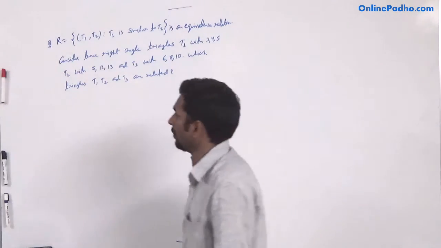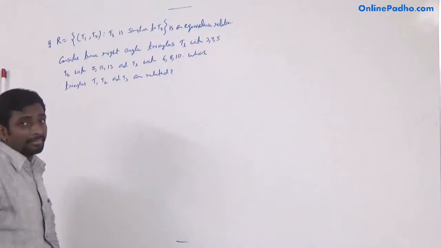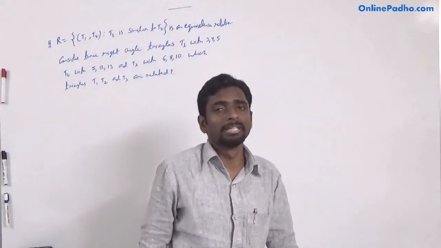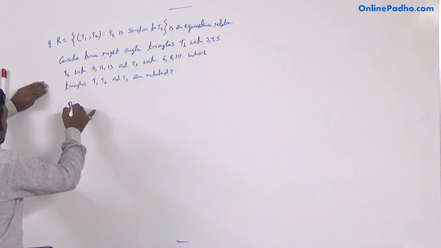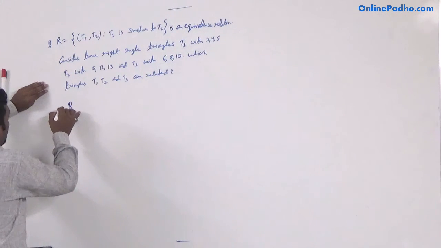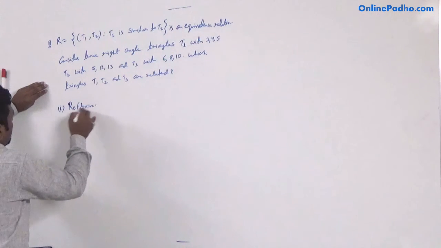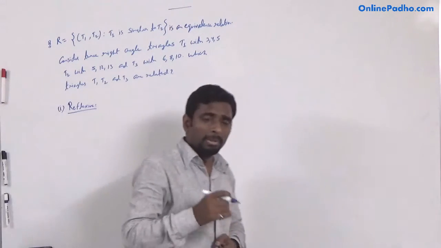First we have to prove this is an equivalence relation. Very simple. What do you mean by set A? Set A is a set of all triangles in a plane. So, the relation R for reflexive. First we have to prove it for reflexive. What do you mean by reflexive?